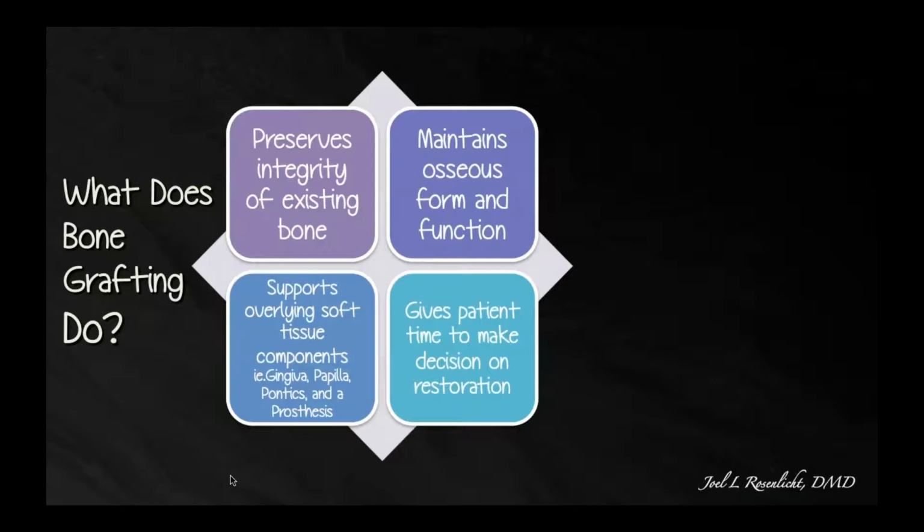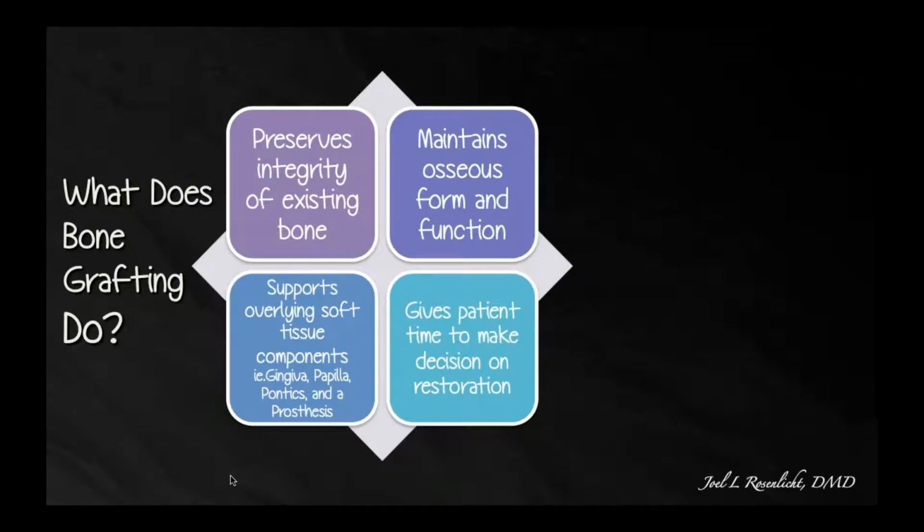So what does bone grafting do? And why do we want to do it on patients? And I think it's a very significant procedure that offers a tremendous benefit to our patients because it preserves the integrity of existing bone. It maintains the osseous form and function.